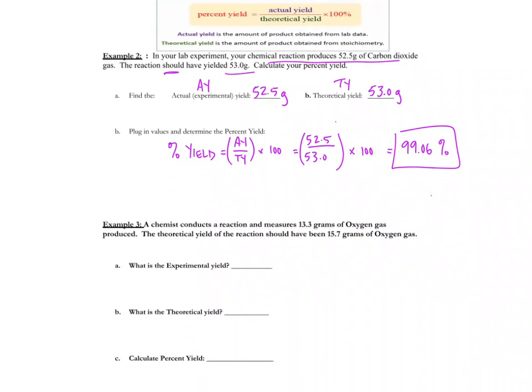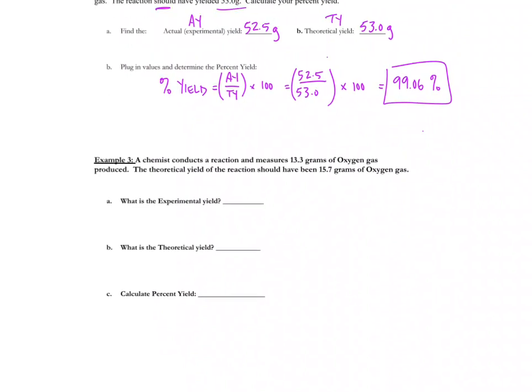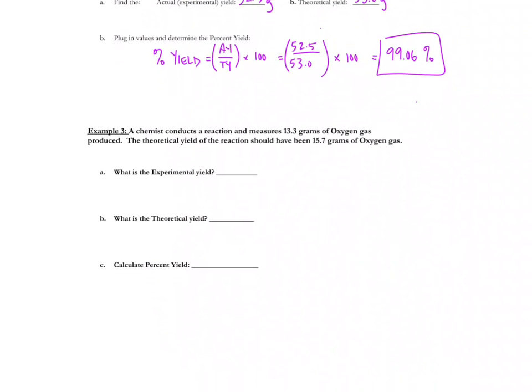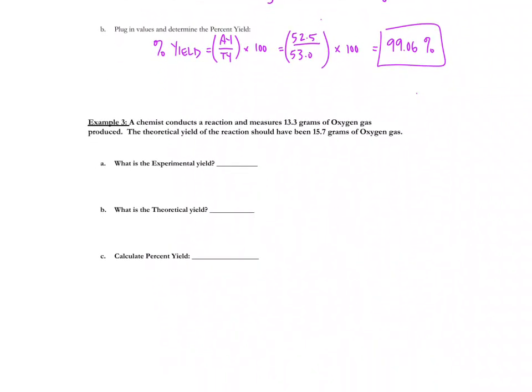Okay, let's look at our last example here. It says that a chemist conducts a reaction and measures 13.3 grams of oxygen gas. So it's telling you that he did the reaction and he measured 13.3 grams of oxygen gas. In theory, his theoretical yield, what he should have measured, was 15.7 grams of oxygen gas.